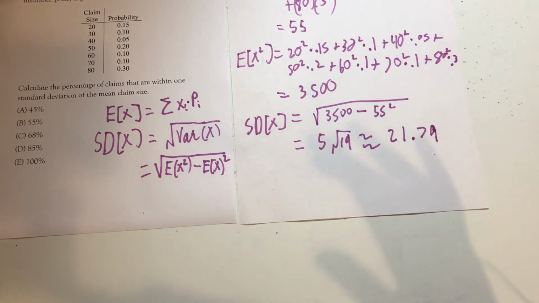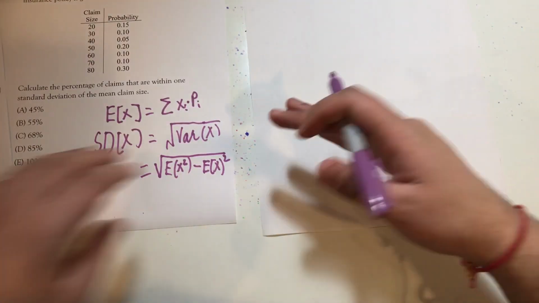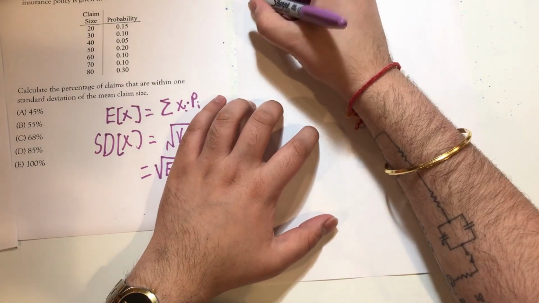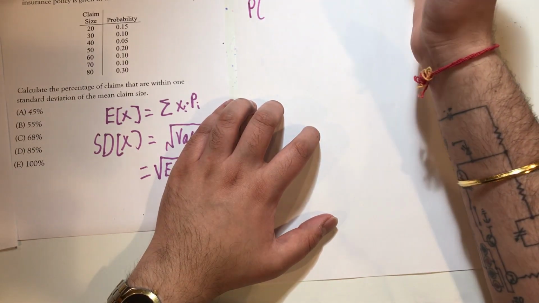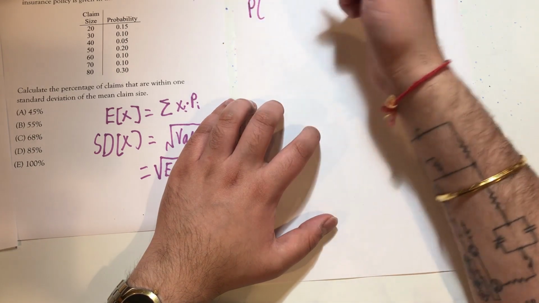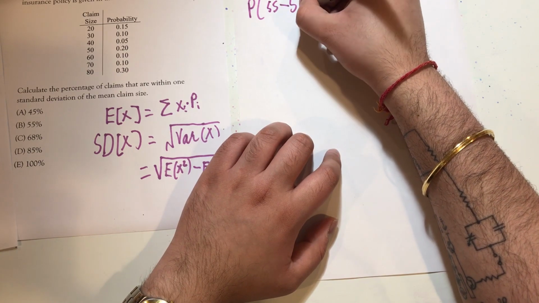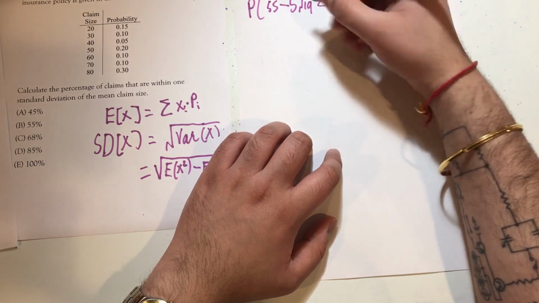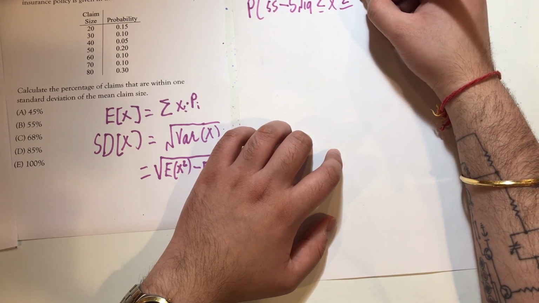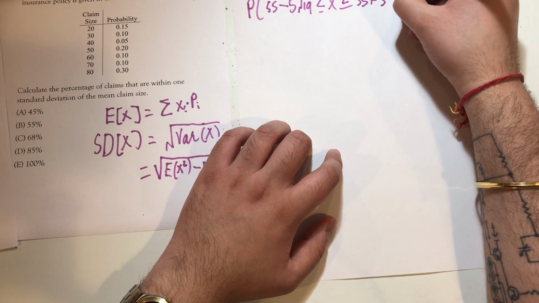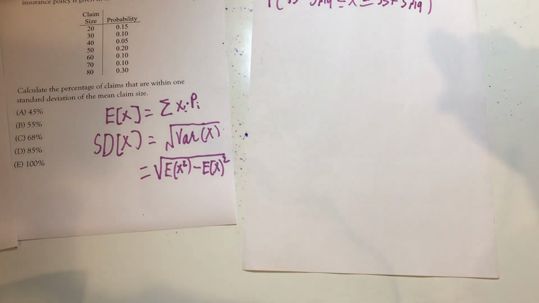So what's next? We want to find the probability that we're within one standard deviation of the claim size. So we're looking for the probability of x being within one standard deviation below and above the mean. That's going to be 55 minus 5 root 19 as my lower bound for x, and 55 plus 5 root 19 as my upper bound.